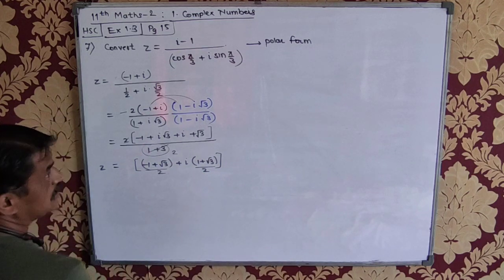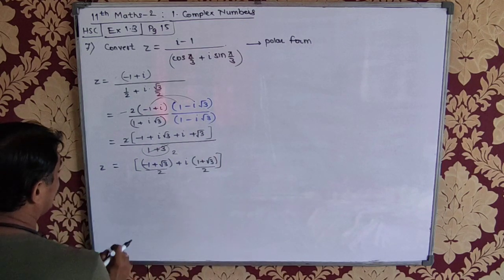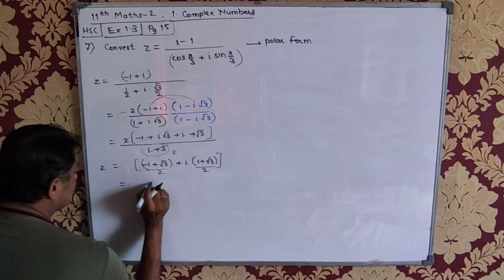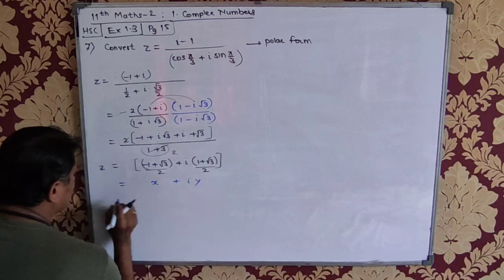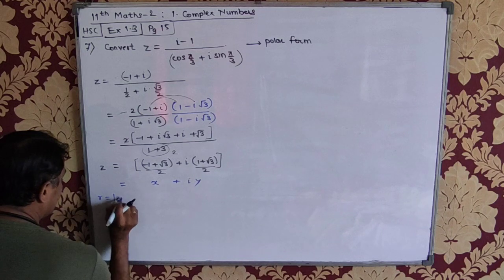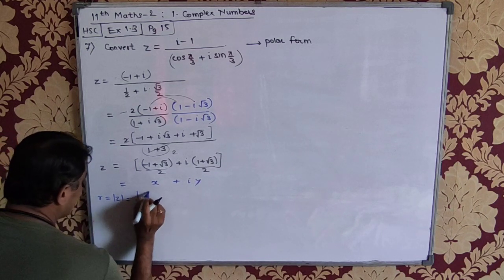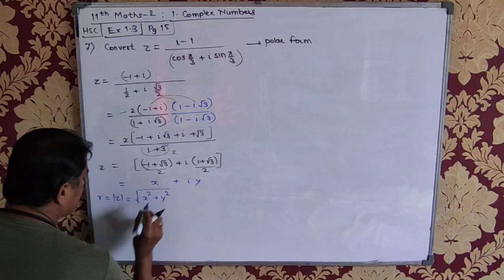Now I want to convert it into the polar form, where I want to find R. So if I say this is x plus iy, then R is equal to mod of Z, which is equal to square root of x square plus y square.